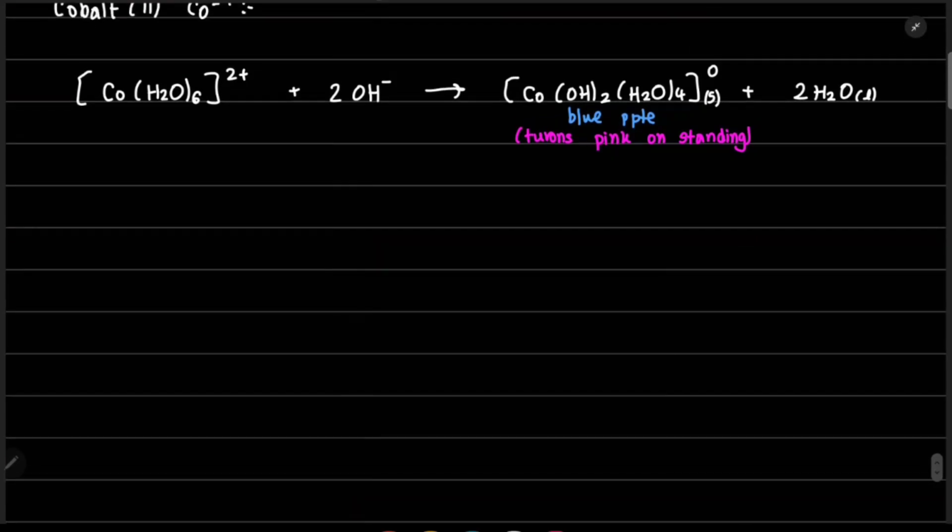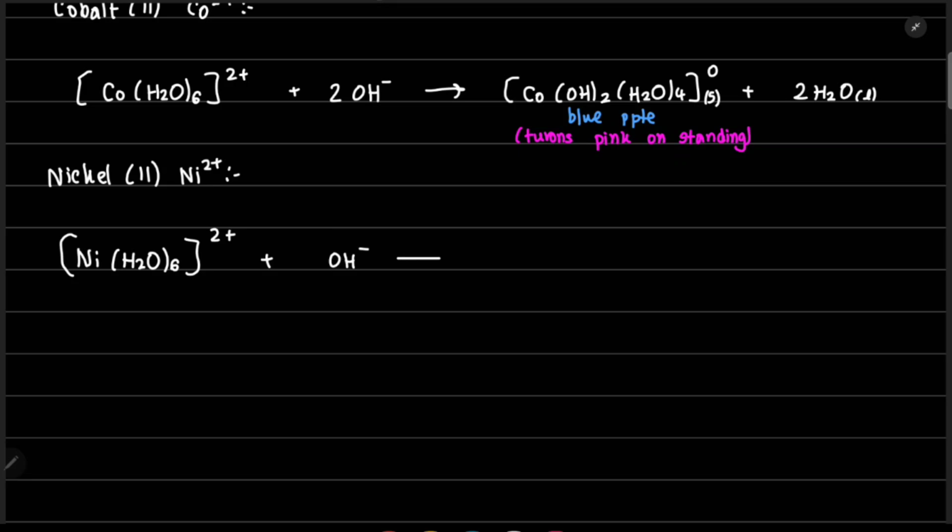Now for the next one, we'll learn about nickel 2. We have Ni(H2O)6, a charge of 2+, plus OH minus, giving us Ni(OH)2(H2O)4 solid plus 2 water, and we have 2 OH minus here.